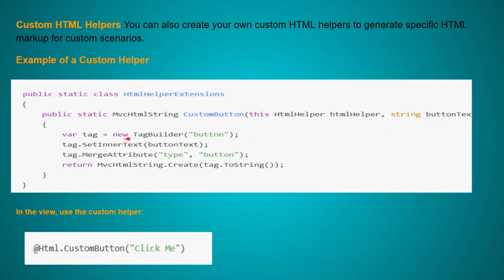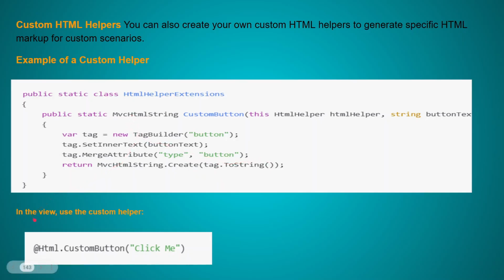So in the tag, new TagBuilder, we are going to create a button and tag.SetInnerText. It's going to be buttonText. This is coming from buttonText, and tag.MergeAttribute. It's going to be type and button, and return MvcHtmlString.Create(tag.ToString()). Okay, this is the custom HTML helper.